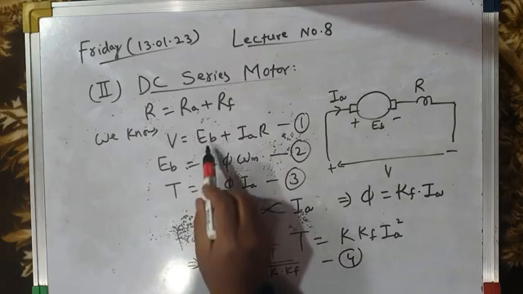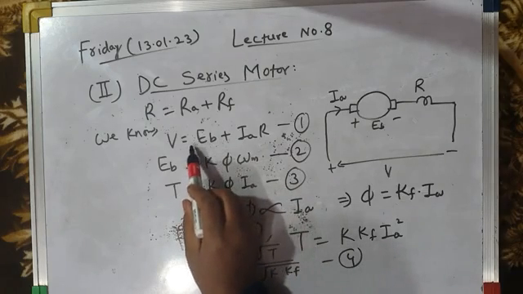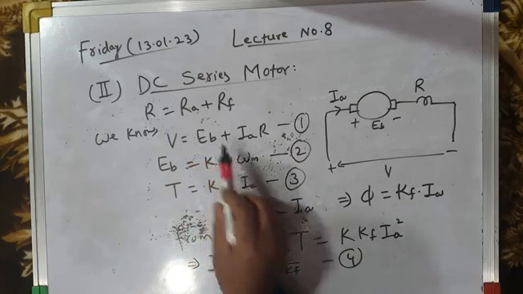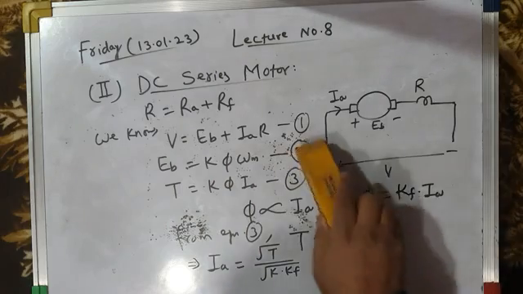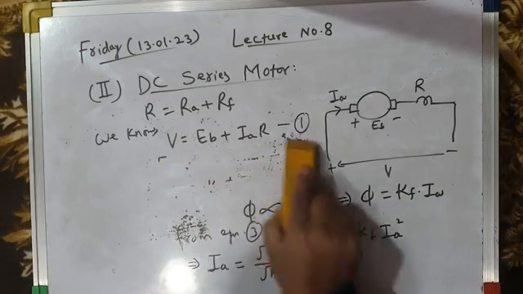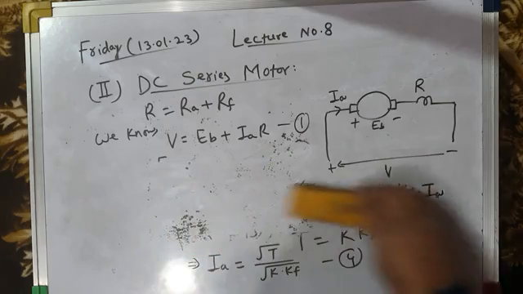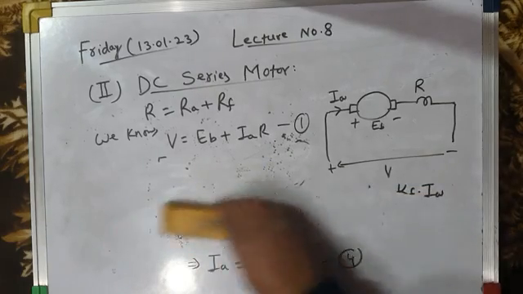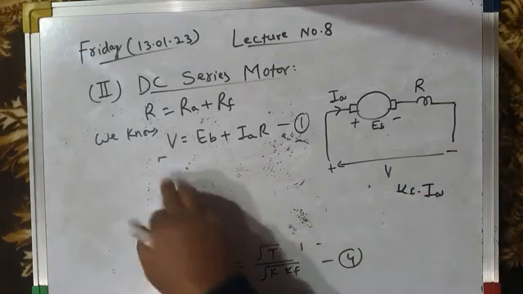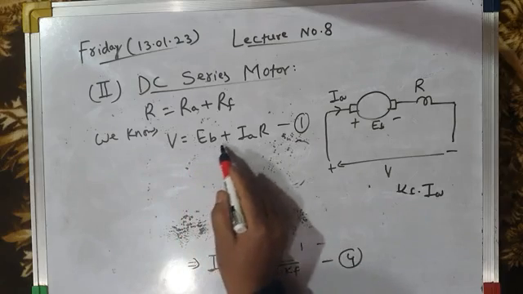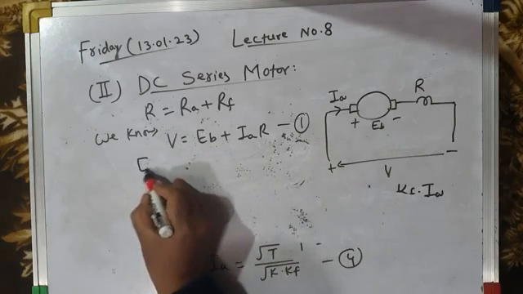Also from equation 1, we know that V is equal to EB plus IAR. So what is back EMF?